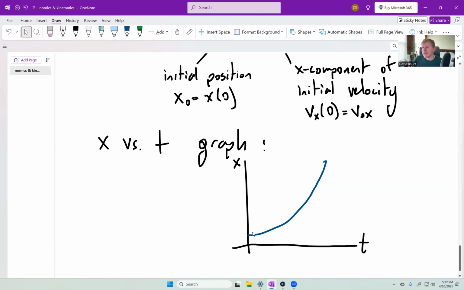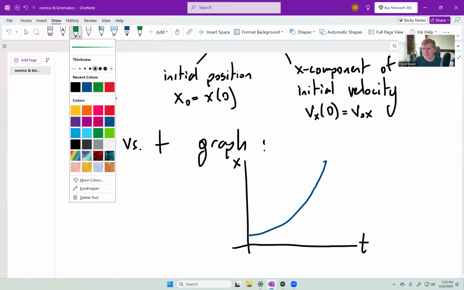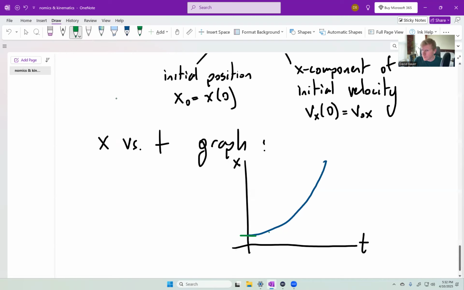Right, so the fact that the slope of this graph, remember the slope is the velocity. So I could look at the slope at each point. That tells me what the x component of the velocity is at each point in time.